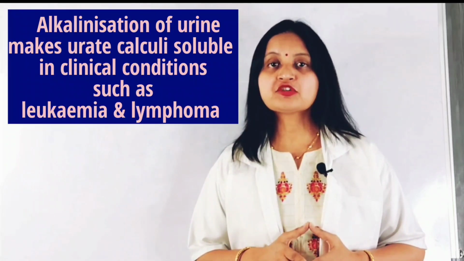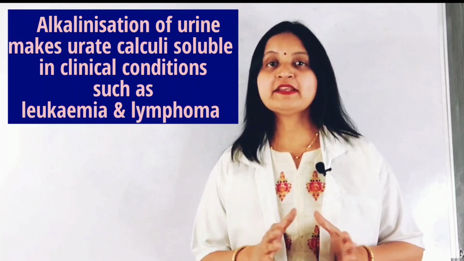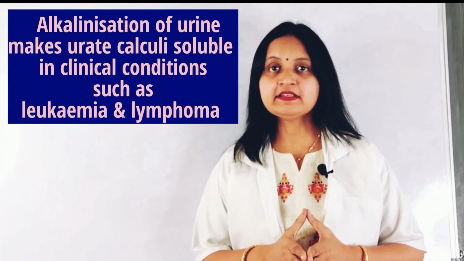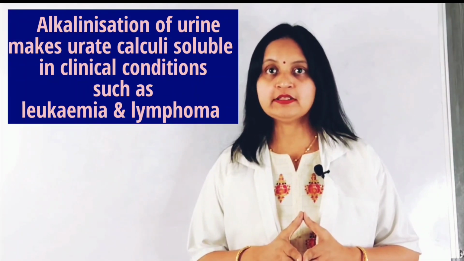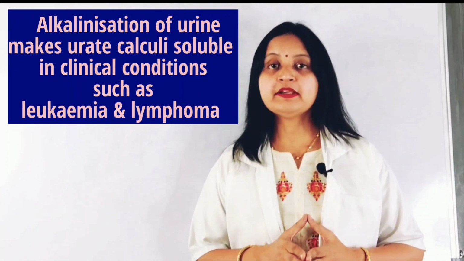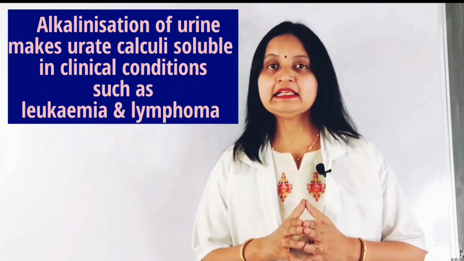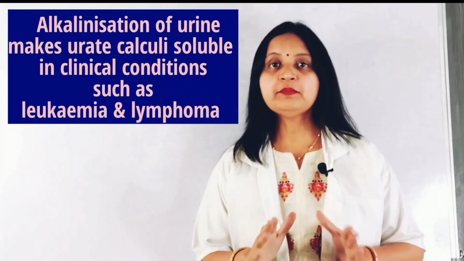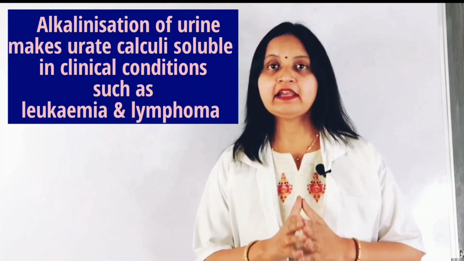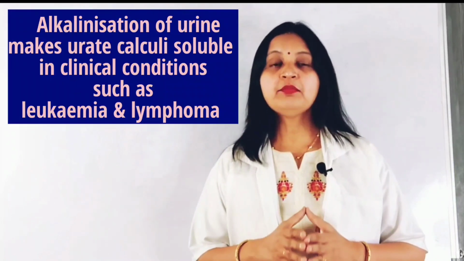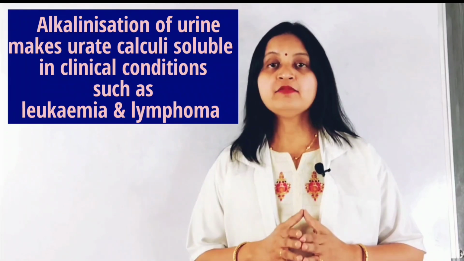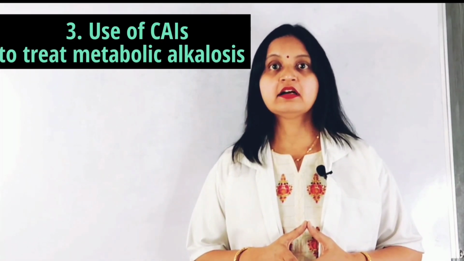Because of increased production of uric acid, there is precipitation of urate calculus in urine in the tubular lumen. Carbonic anhydrase inhibitors help to make urine alkaline and cause solubilization of the urate calculus. Therefore, carbonic anhydrase inhibitors help to make urine alkaline and treat urate calculus.